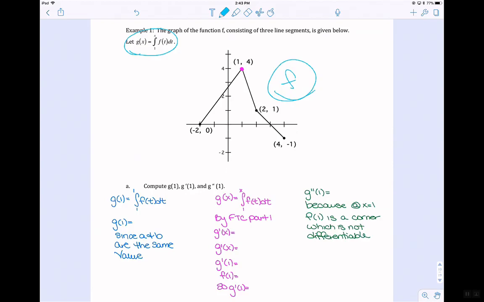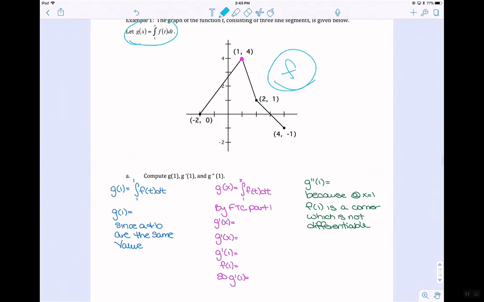Okay. And so, if I want to compute g of 1, remember what we did back in a previous class. You take that 1 and wherever the x is, you replace it. In this case, my x is in the top, so my 1 goes in the top. Then I take the antiderivative from 1 to 1 of f of t.